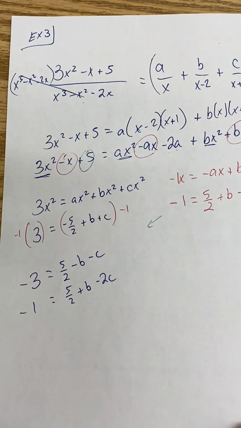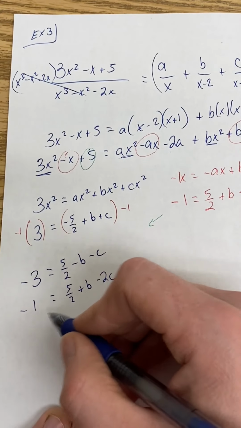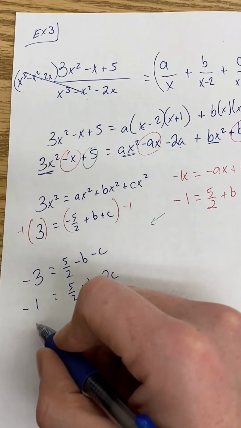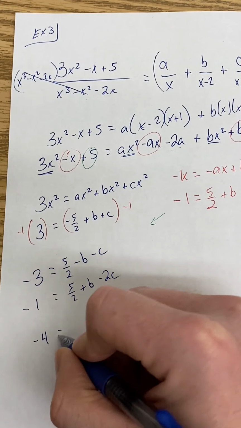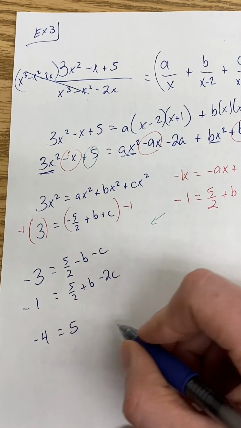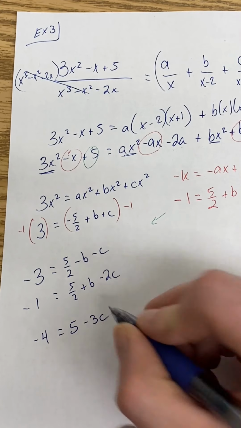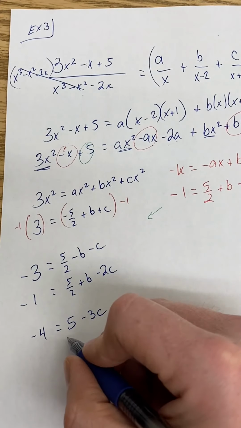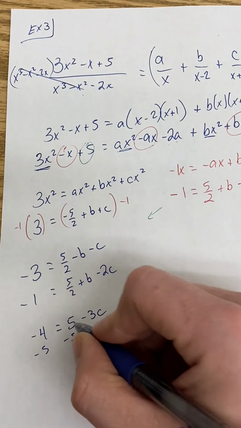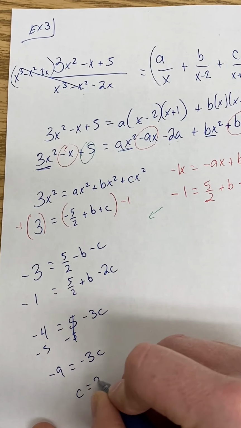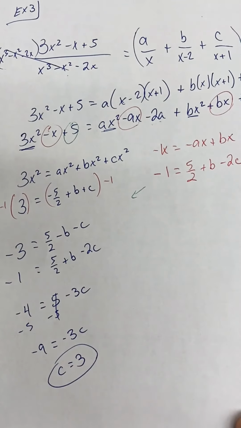Okay. So I got a system now. I can add the two equations together, or we'll do elimination with this system. That's going to give me negative 4 equals 10 halves, so 5. B's add to 0, and minus 3c on the end here. Okay. So I'm going to subtract the 5 on both sides. Negative 9 is going to be negative 3c, so c is going to be 3, and that one's done.